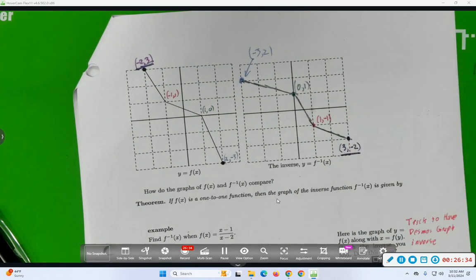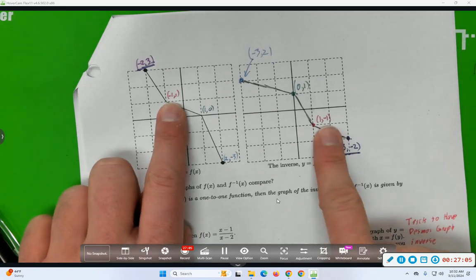So those two purple points, how do they compare? Yeah, the coordinates just got swapped. So when you graph the inverse function, it looks like maybe you just swapped the x and y values on the graph. And let's see, does that agree with the other color-coded points? X and y values swapped?